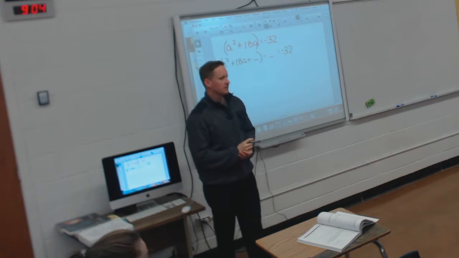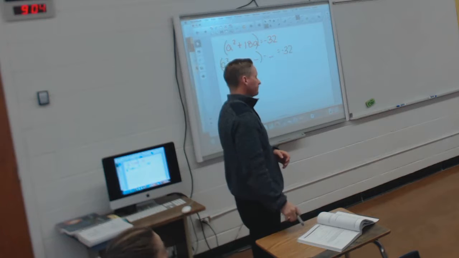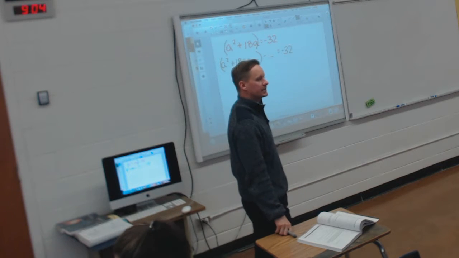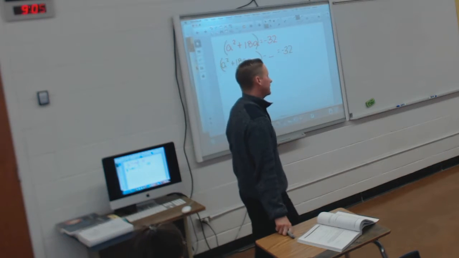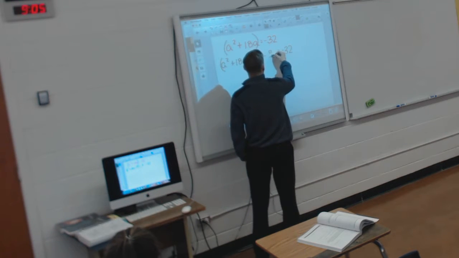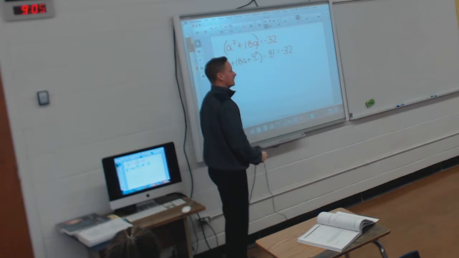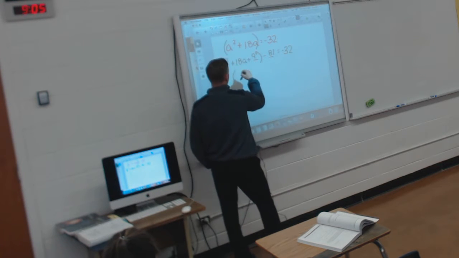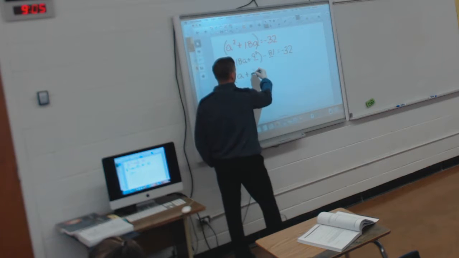Is it different than normal placing blanks? That's what I said, I'm keeping it consistent. It's exactly the same. Okay? What goes in the blank? 9 squared. Like that. Okay? Square root of that side. Square root of that.